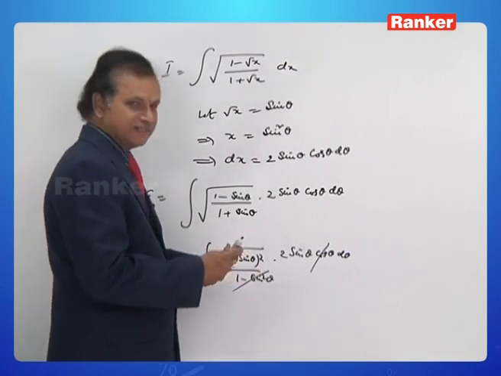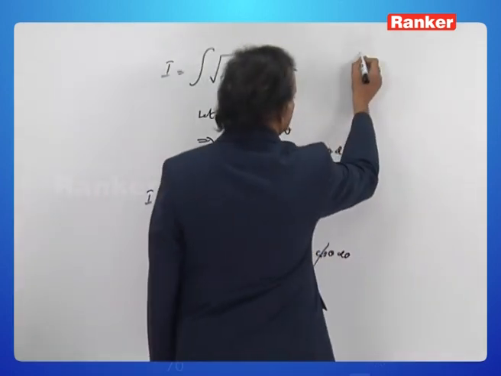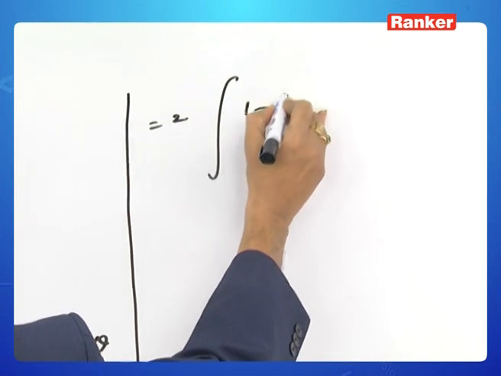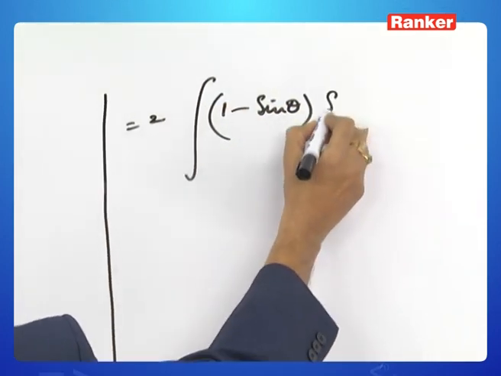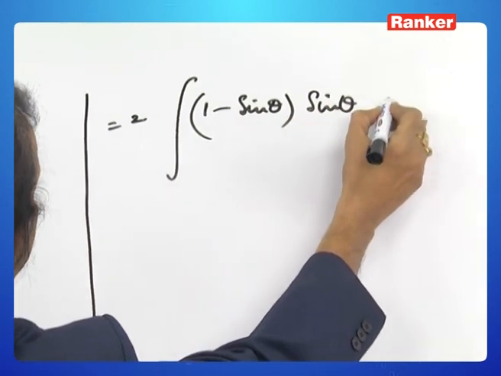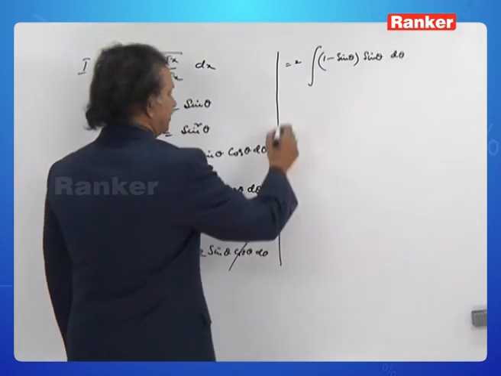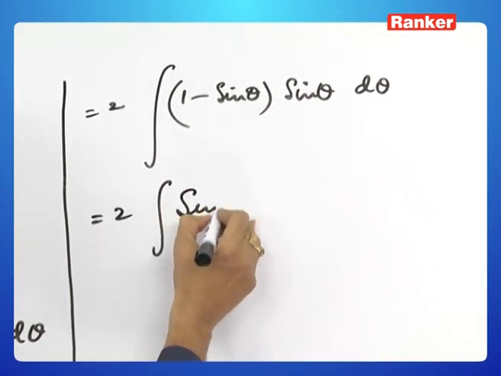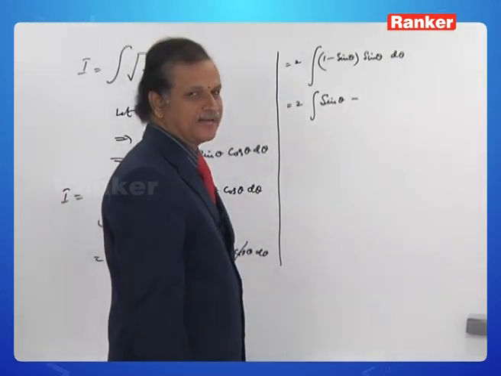Well, what will be the next step? This 2 will go out, so that this is 2 into integral of 1 minus sin theta into sin theta d theta. So that it is 2 into sin theta minus sin square theta.